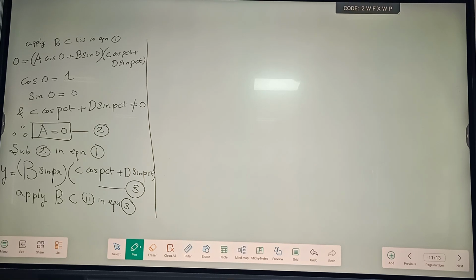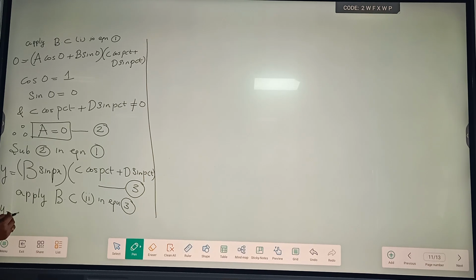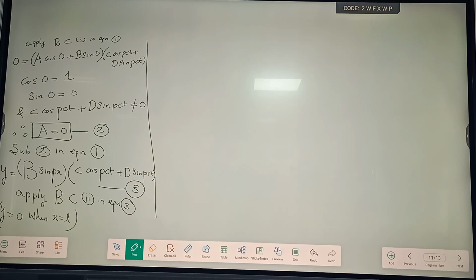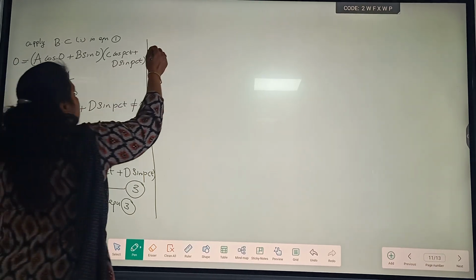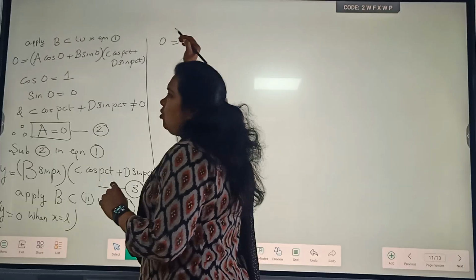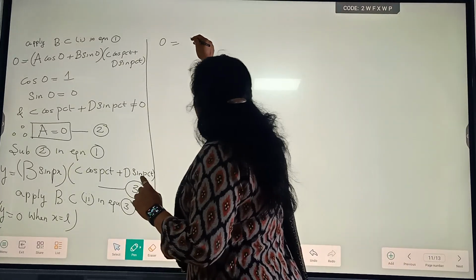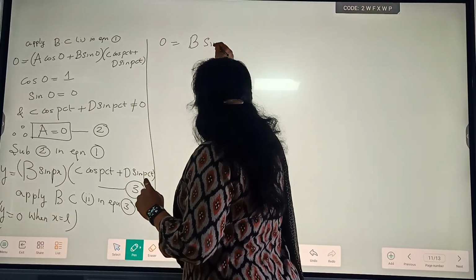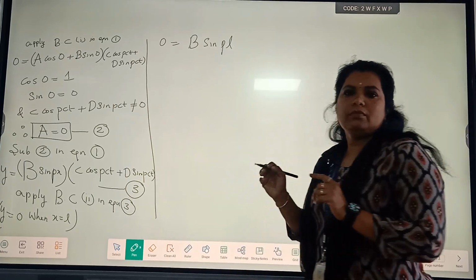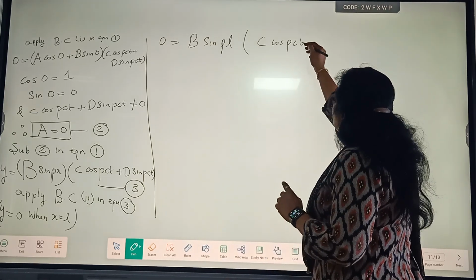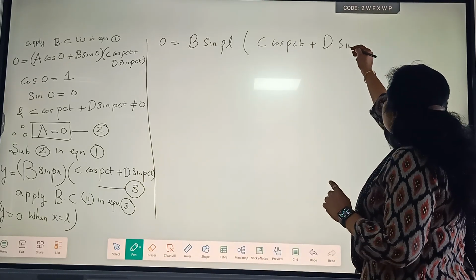Y equal to 0 when x equal to L. Substituting L instead of x, 0 equal to B sin pL into (C cos pct plus D sin pct).